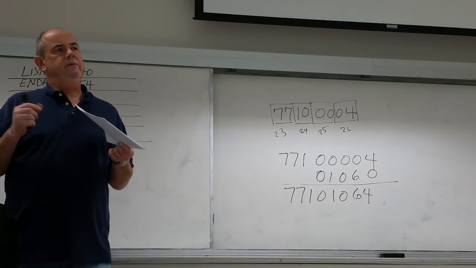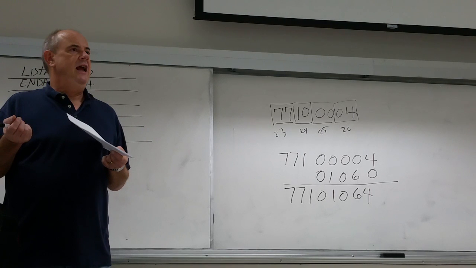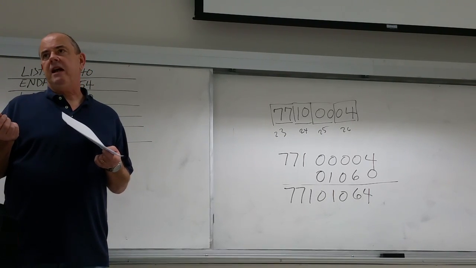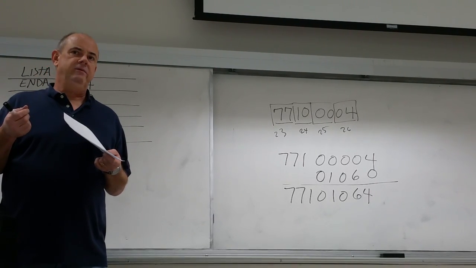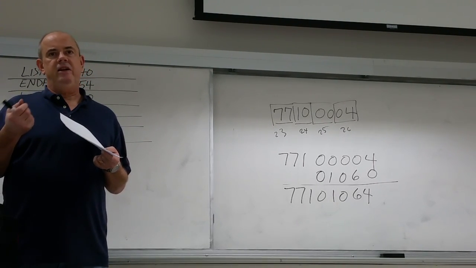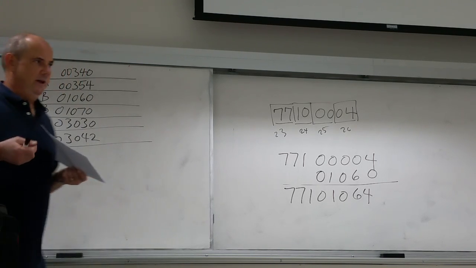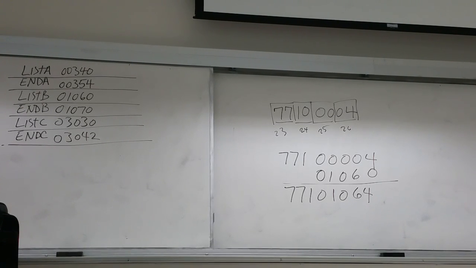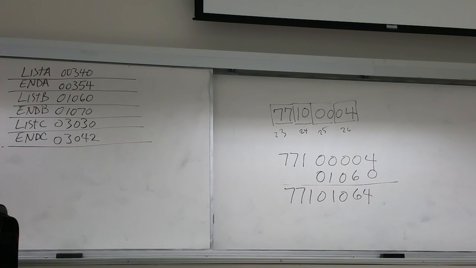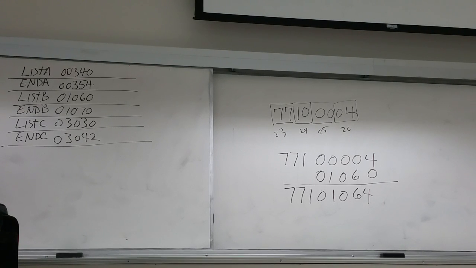Words are 3 bytes, 6 half bytes. So we have 2 sizes of things. If you have a word and you have an address, the first digit has to be 0. No other choice is possible. Here I've written 5 digits. I could have written 6. They're interchangeable. If you're writing an address in memory, it's 6 digits. If you're doing it with a format 4 instruction, it's 5. Right? Okay.